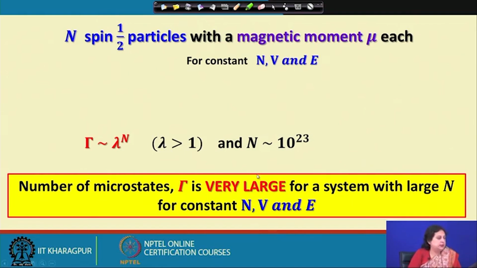And since we are in the real system, we are interested in typical values of N, which is of the order of the Avogadro number. You understand that whatever we have said till now is actually valid, and therefore, we would conclude here by saying that we have considered a very simple case where each particle has only two microscopic states. Either it is spin up or it is spin down.